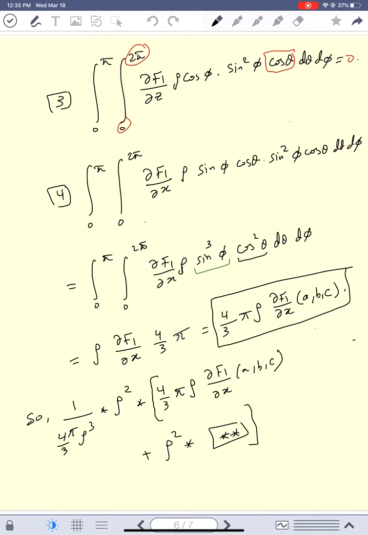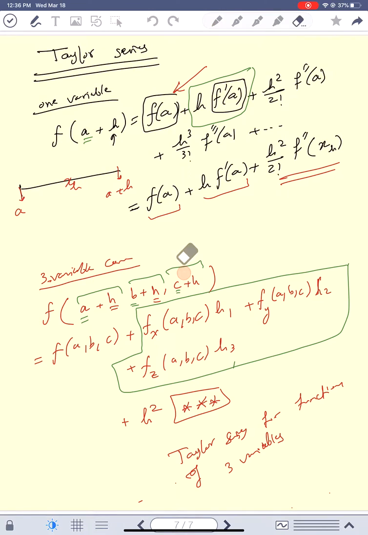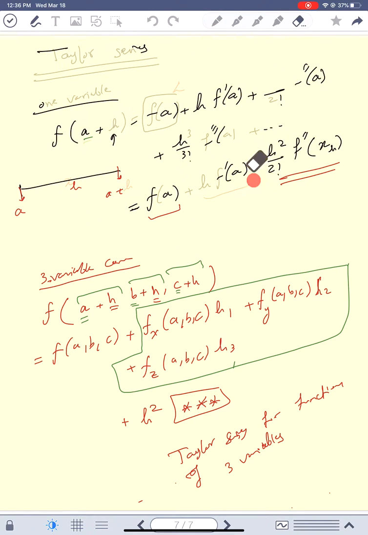What happens is, this rho square cancels, so you will have one rho down. Then this rho will cancel with this rho, but you will be left with one rho. So when you take the limit as rho goes to 0, this term will be 0 for sure. So now what happens is this. So let's write these computations to make it clear. I remember this was about the Taylor series.